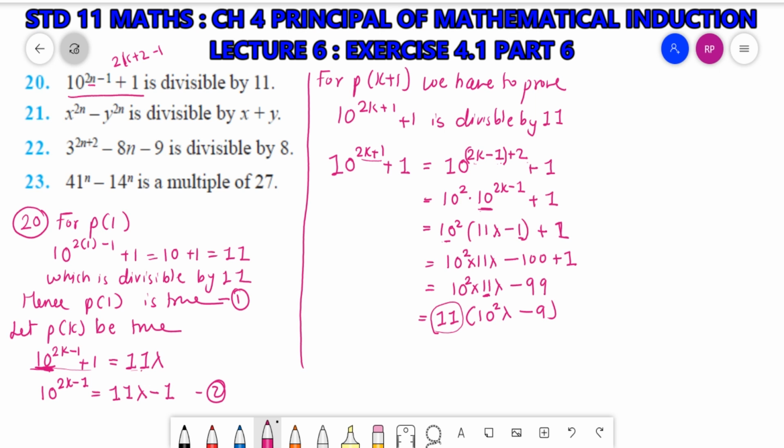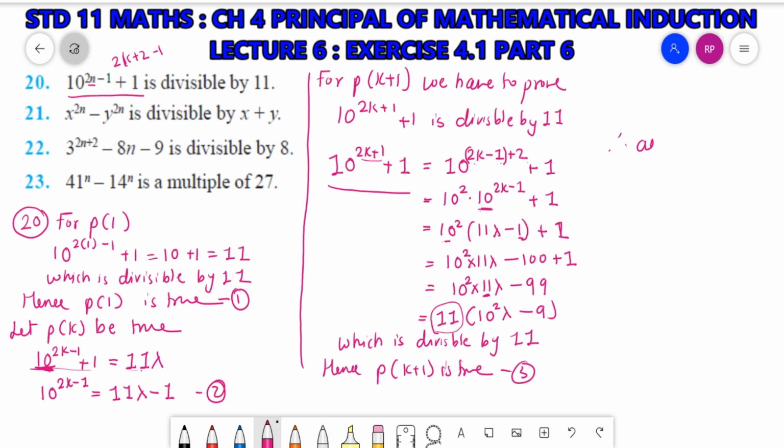Okay, so now see, I had taken 11 common. So what does this mean? That this number is a multiple of 11. I can write down which is divisible by 11 because it is a multiple of 11. Okay, hence P of k plus 1 is true.